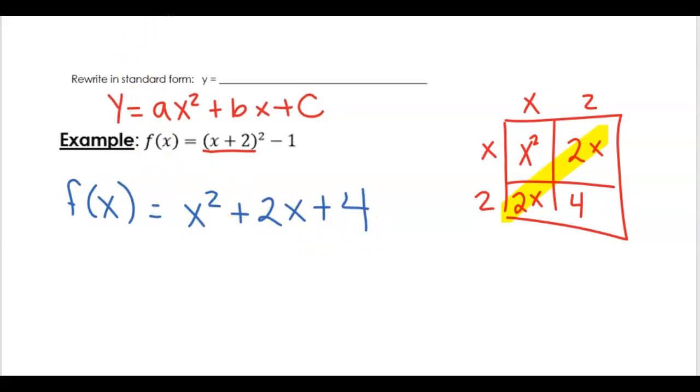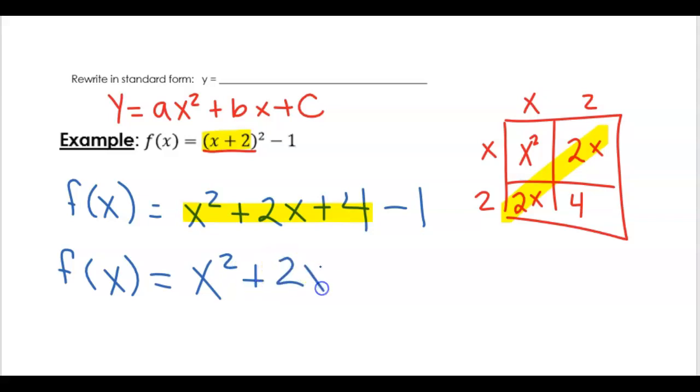Now that's not the answer, because this is equal to that. What else do I have? -1. It's almost finished. So in standard form, this would be x squared plus 2x plus 3. That's in standard form.